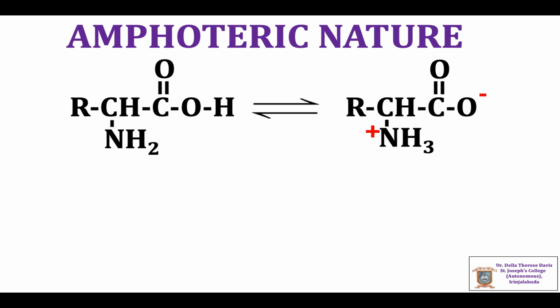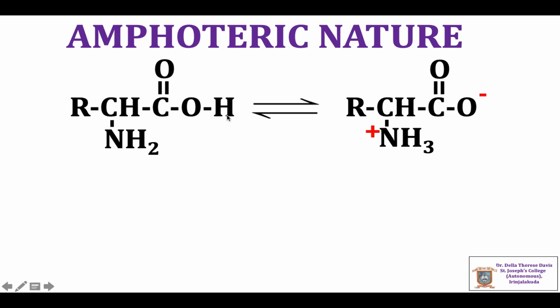Due to the presence of an acidic and a basic group in the same molecule, alpha amino acids exist in an ionic form. This ionic form is called a zwitter ion or dipolar ion.